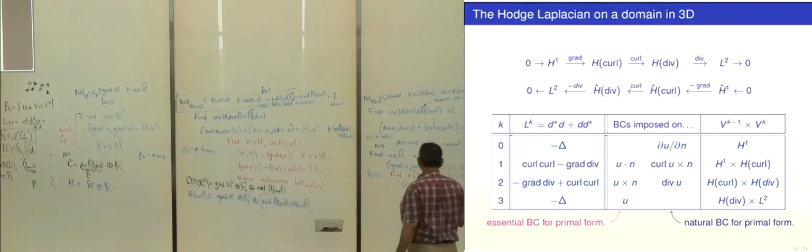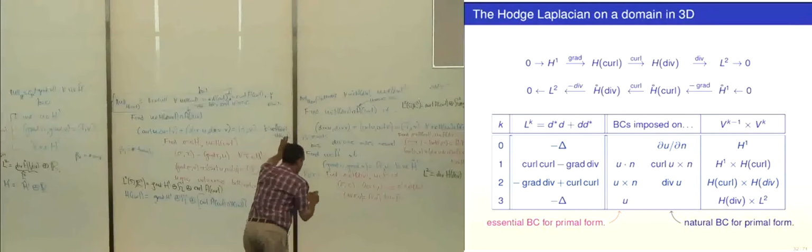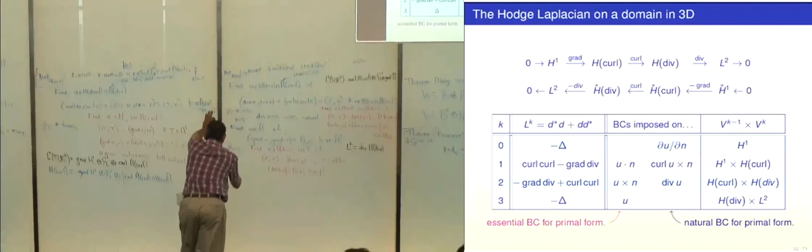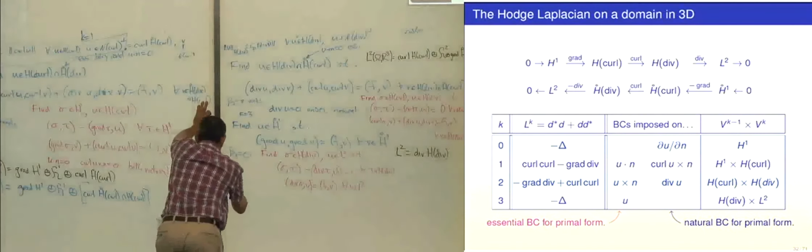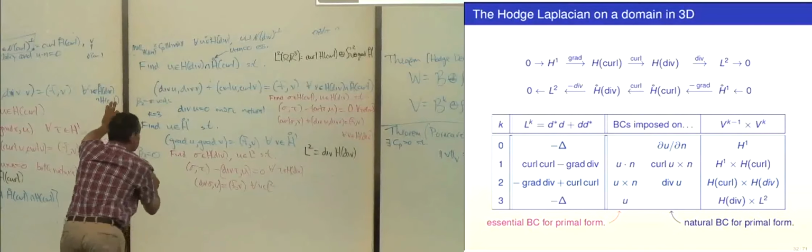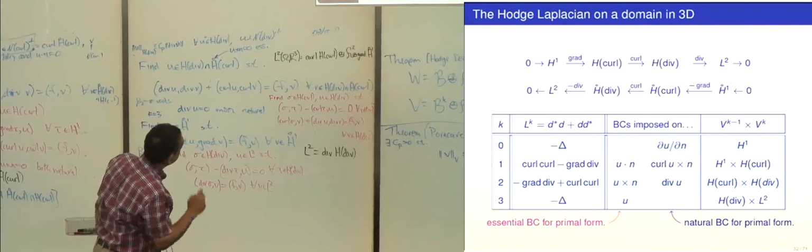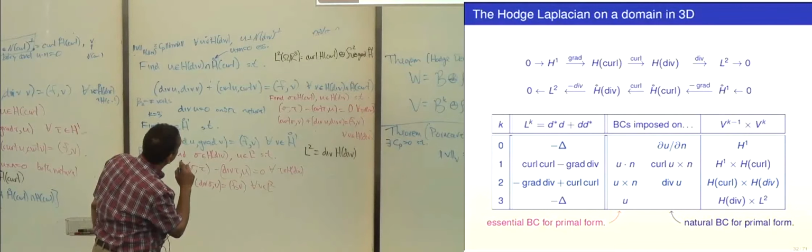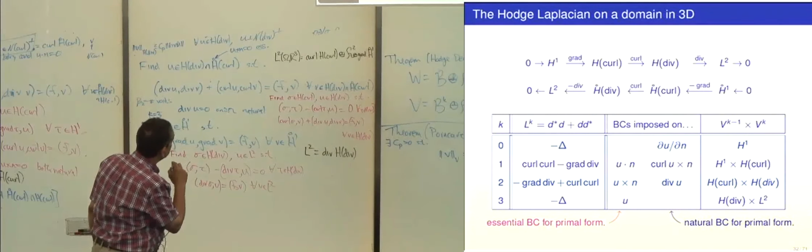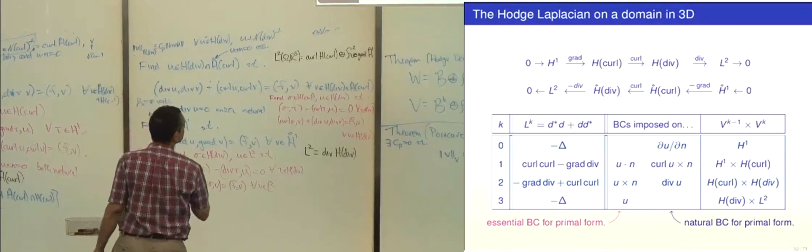And the last case would be the usual Poincare inequality, which would be U in L2... let's see, what would it be, the last case?